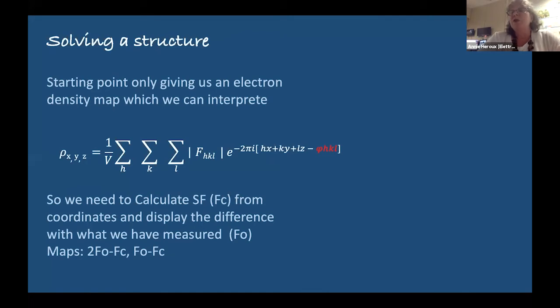And we know that the spot's intensity will be related to the position of the atoms, and basically the contribution, we have mapped this in space. So if we go back, in the particular cell that you have, you can have an electron density calculated over all of the space. So how do we get there?